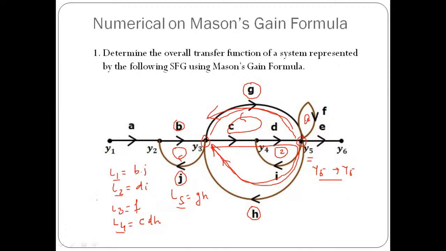And once you identify how many loops there are, say L1, L2, L3, L4, L5, then we need to identify a pair of two non-touching loops, and so on. So let me erase this.